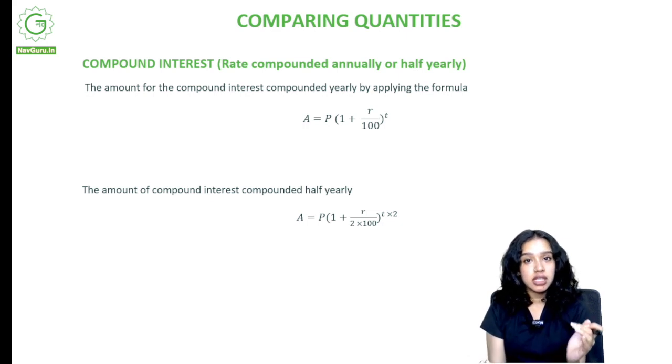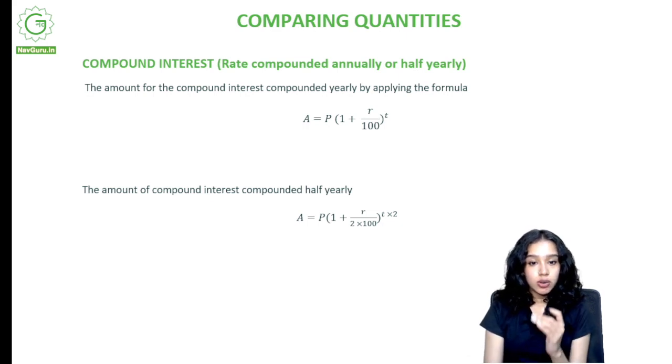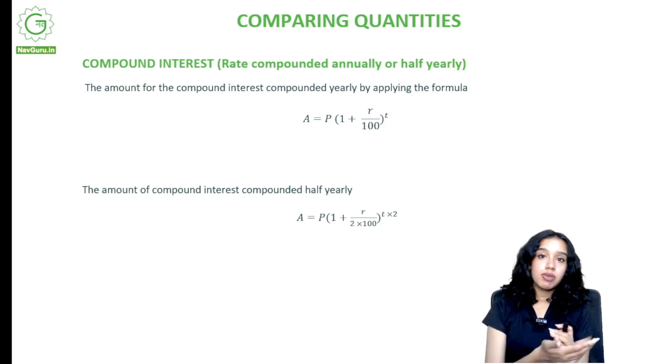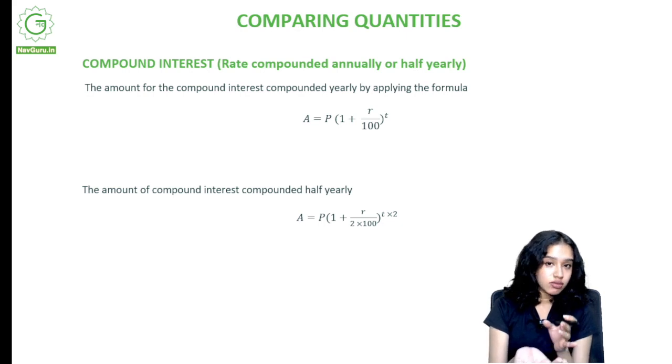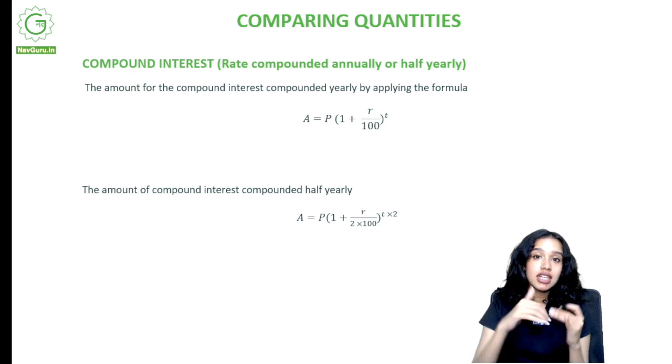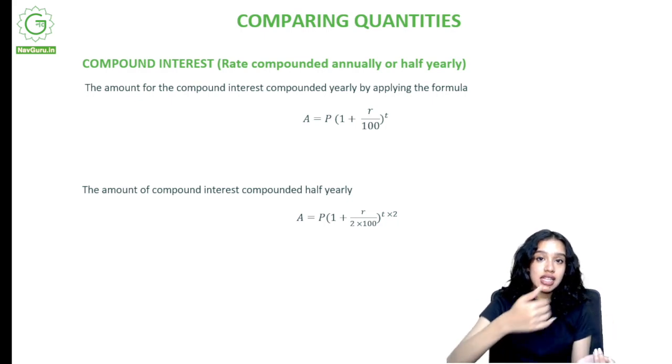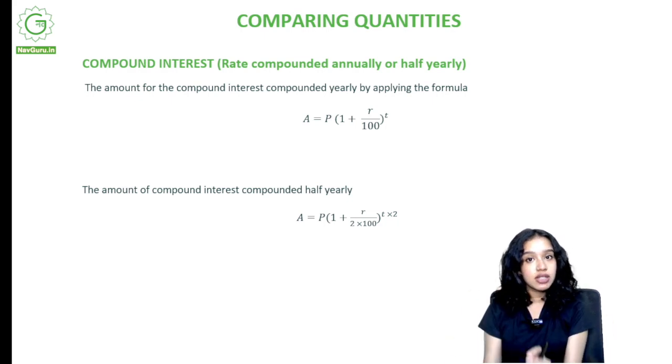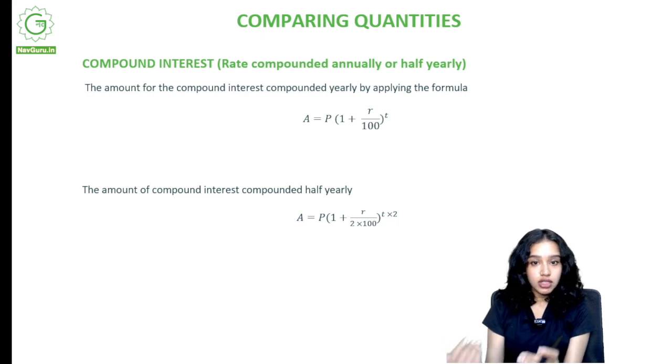We do it twice a year, right? That is, we take the principal amount, we add the interest after 6 months, and then this added interest becomes the principal, and then again after 6 months, we add the interest a second time to the previous principal, right?